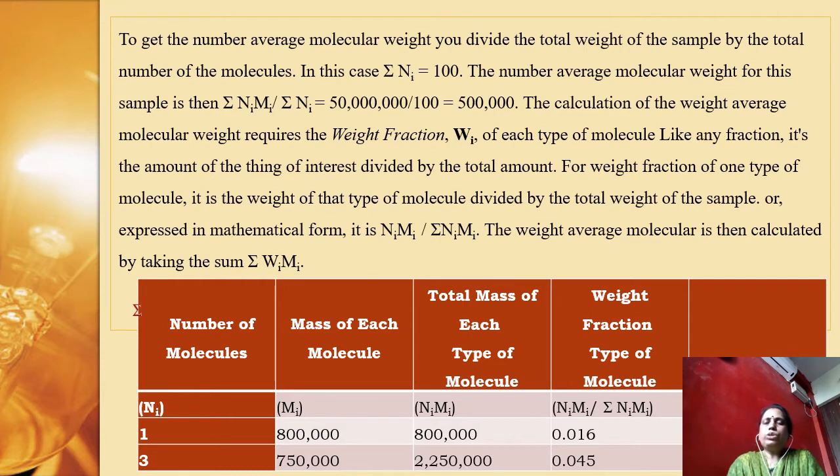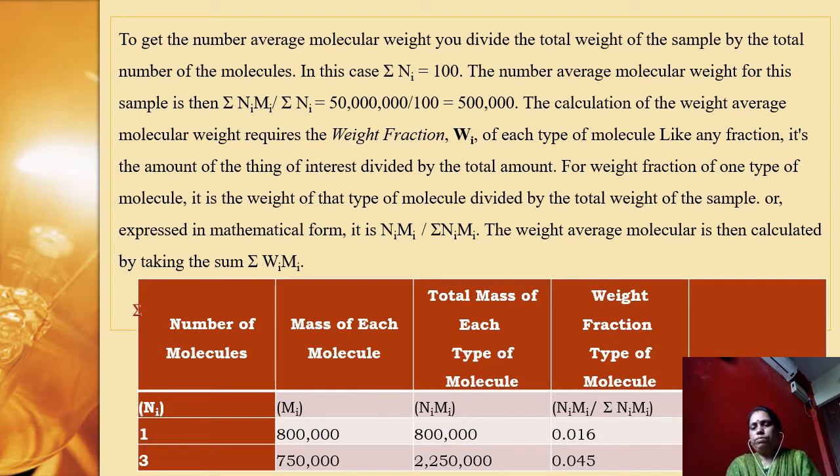So now the calculation of the weight average molecular weight requires the weight fractions Wi of each type of molecule. Like any fraction, it is the amount of the thing of interest divided by the total amount.